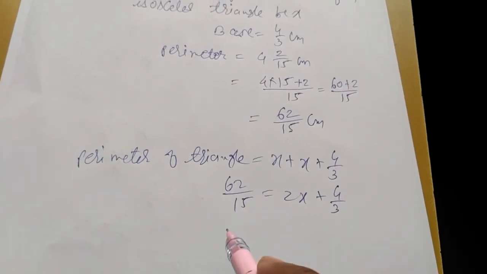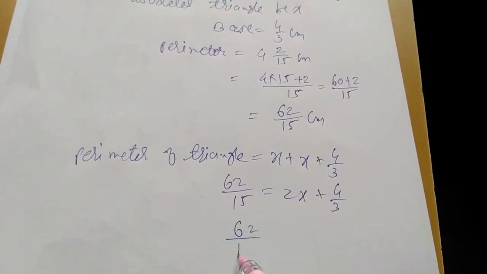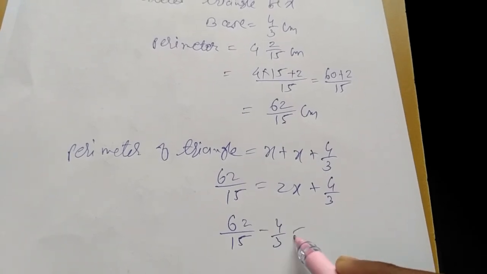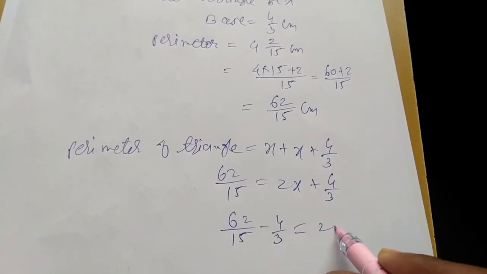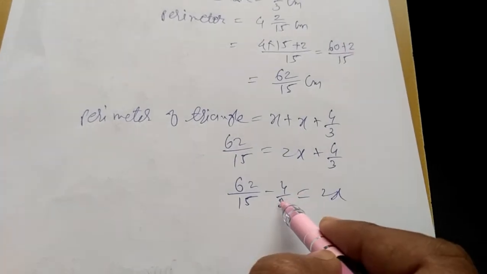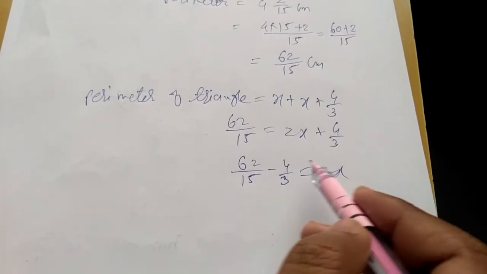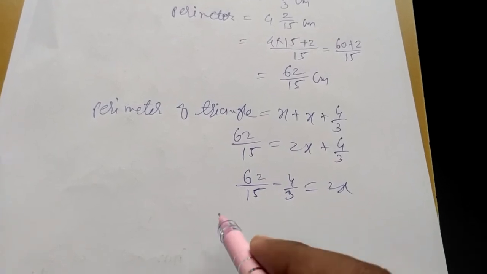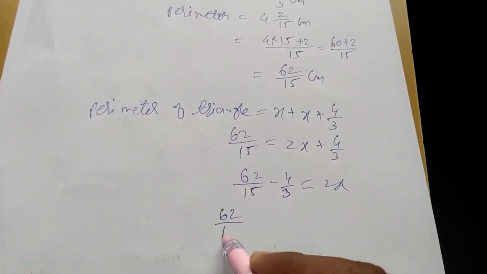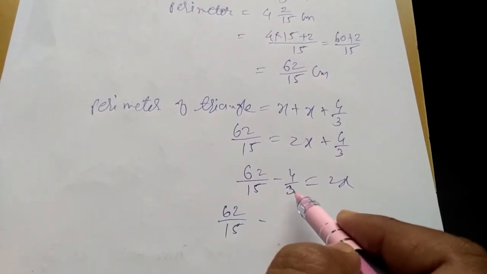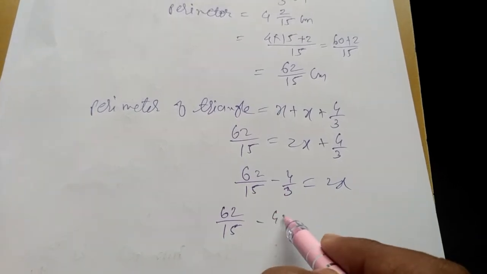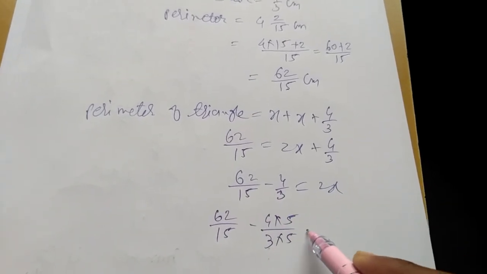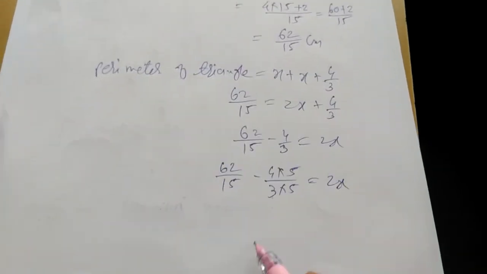Now we shift 4/3 to the left side, and 62 upon 15 minus 4/3 is equals to 2x. We can take LCM or do cross multiplication. I am taking LCM. For 62 upon 15, we know that 3 5s are 15, so we multiply by 5.